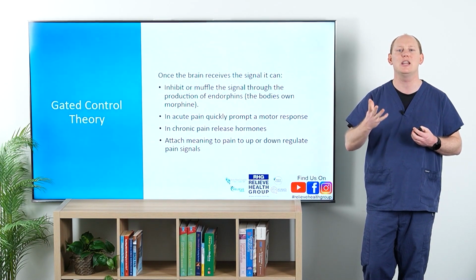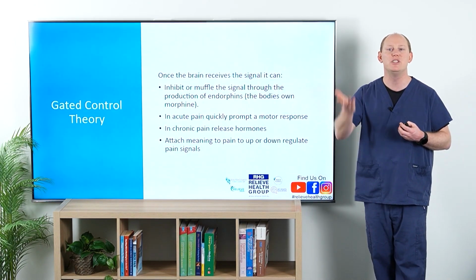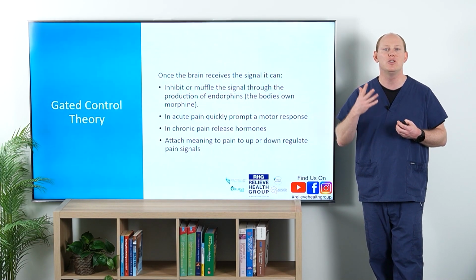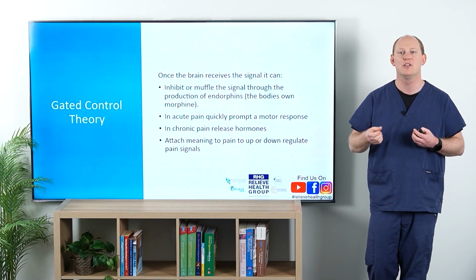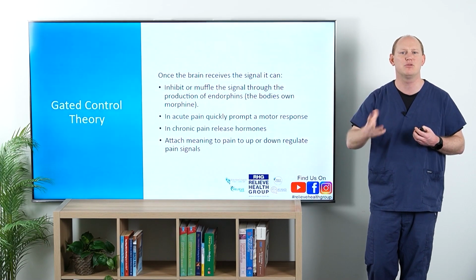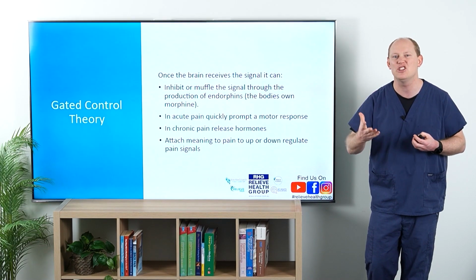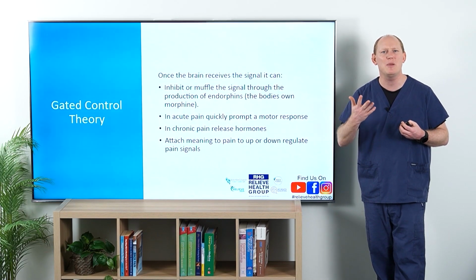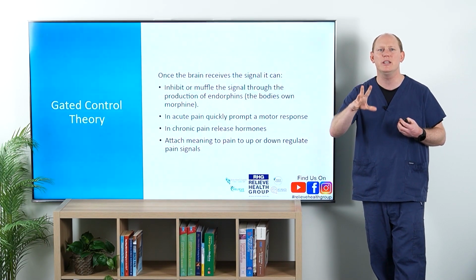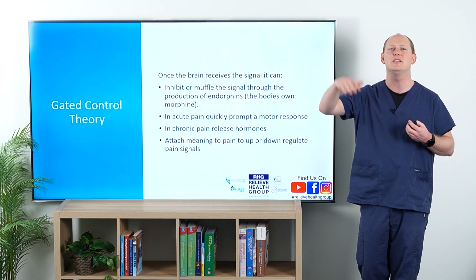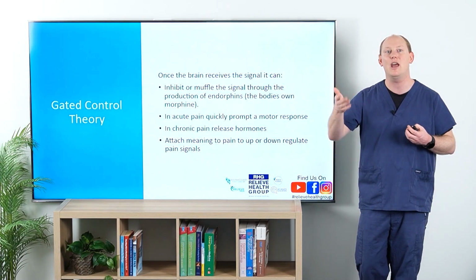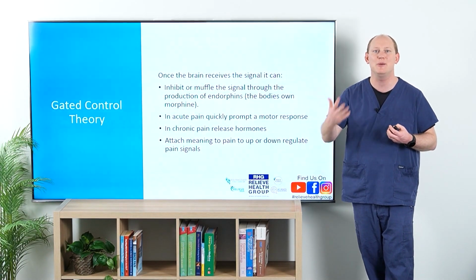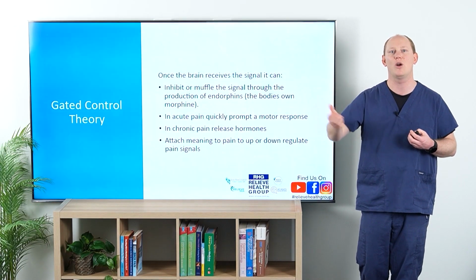But it can also attach meaning to pain, to up or down regulate pain signals due to the personal and social context through the cortex and previous experiences and expectations of pain in that regard. And that makes a lot of sense, because once we start up-regulating and down-regulating pain signals, that's how we get to chronic pain. I'm expecting to wake up with pain, and therefore I do.